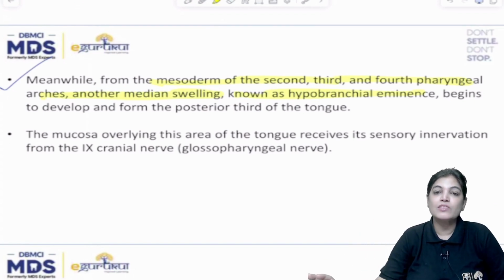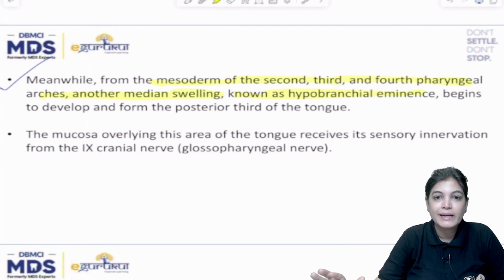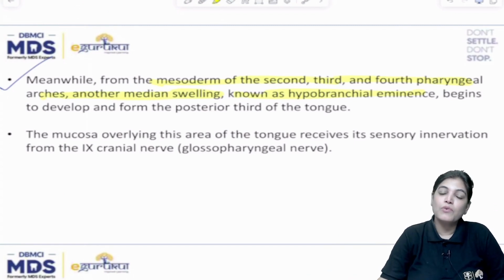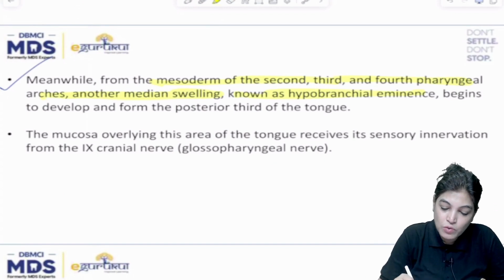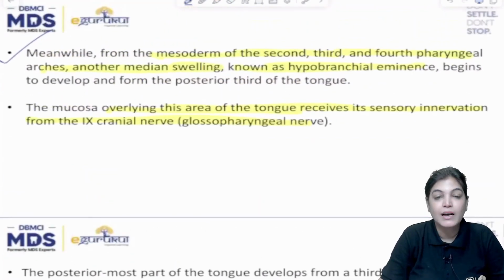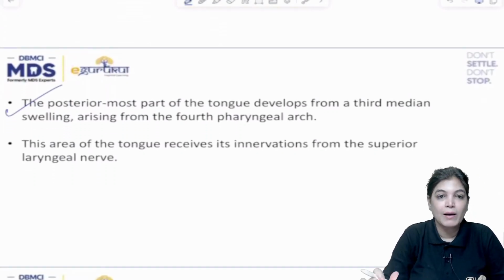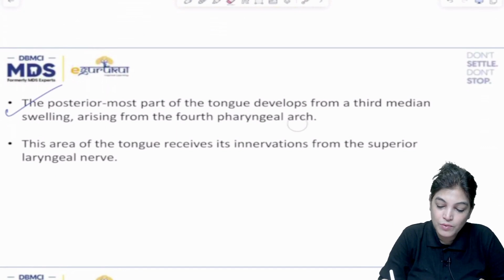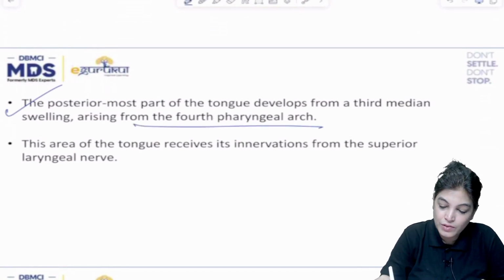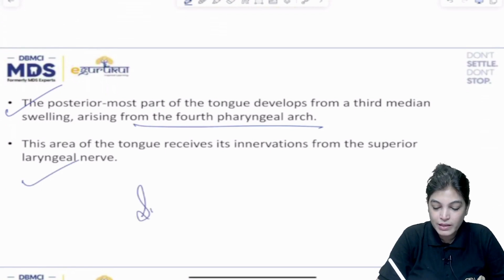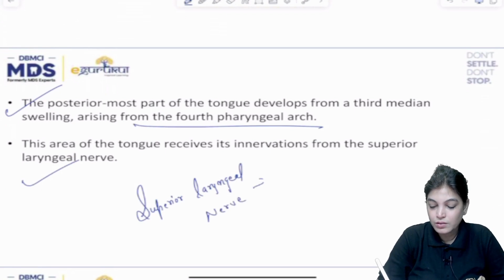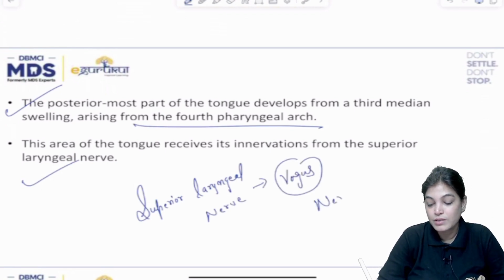Actually, the hypobranchial eminence corresponds to the third and fourth pharyngeal arches; the second arch's corresponding part is buried, and only the third and fourth contribute to the posterior one-third of the tongue. The mucosa over this area gets sensory innervation mainly from the ninth cranial nerve. The posterior-most part of the tongue develops from the medial swelling corresponding to the fourth pharyngeal arch, and its innervation is via the superior laryngeal nerve, which is a branch of the vagus nerve.